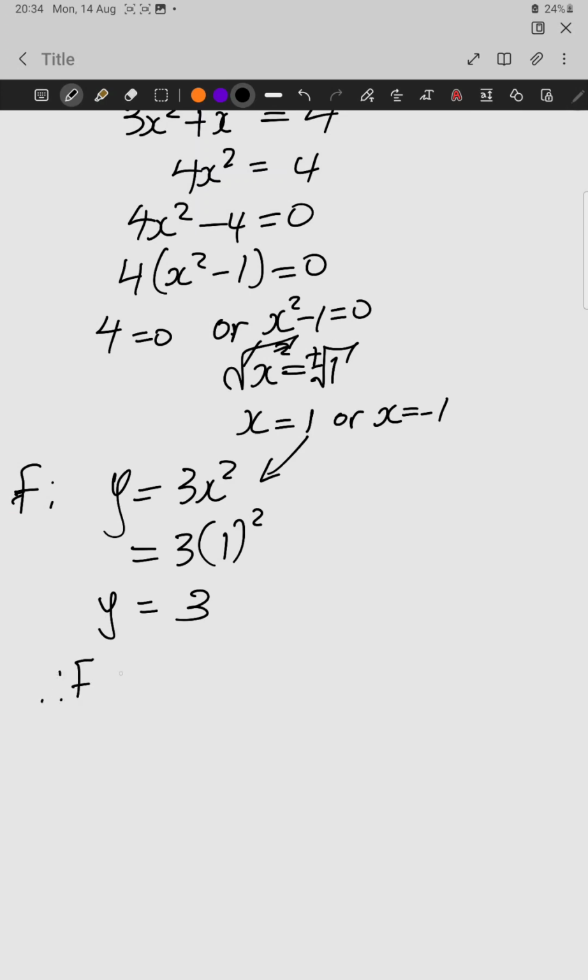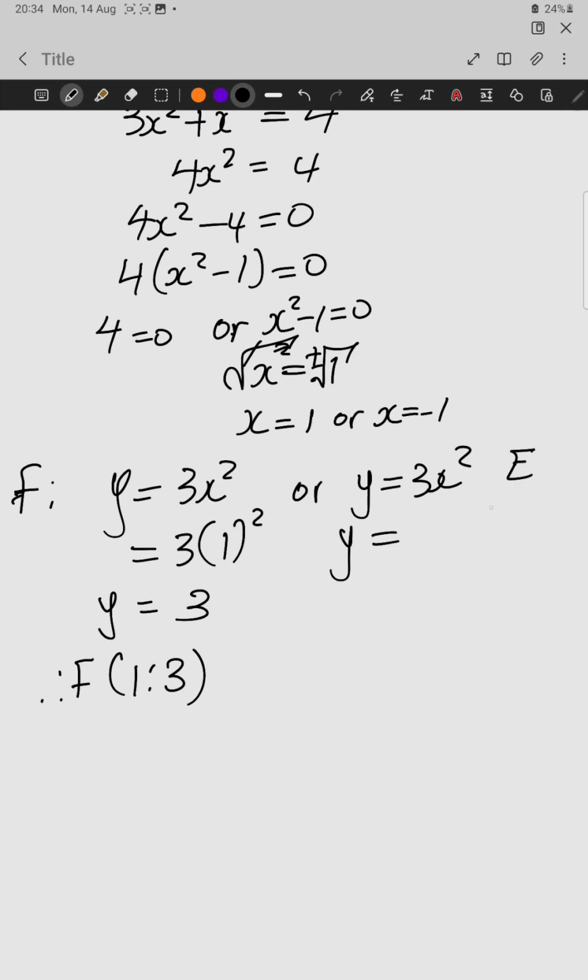So the coordinates of f are x is 1, y is 3. Now I'm going to use the same equation for e. If I'm using negative 1, I'm determining the coordinates of e, so 3 into negative 1 squared, y is also positive 3.